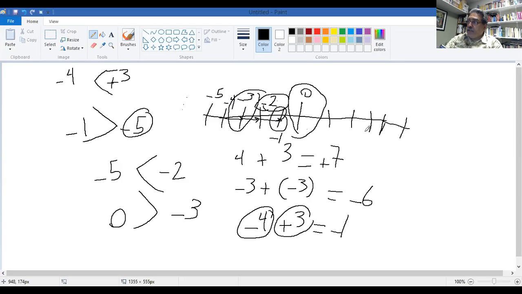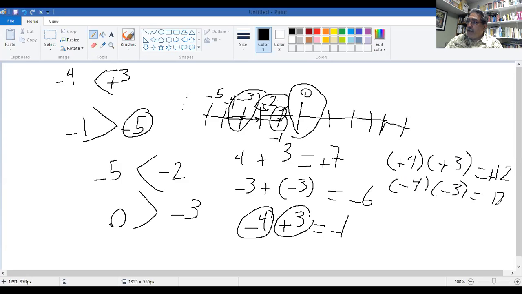But for multiplication, if the signs are the same, +4 times +3, just multiply them, and the answer is always plus. If you're multiplying two negative numbers, when the signs are the same, multiply them again.